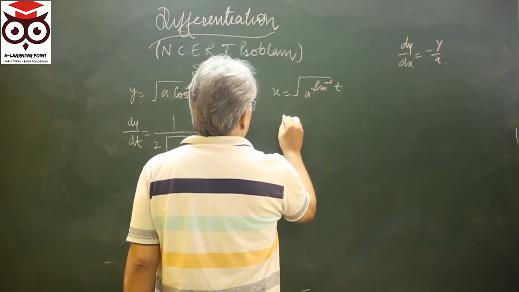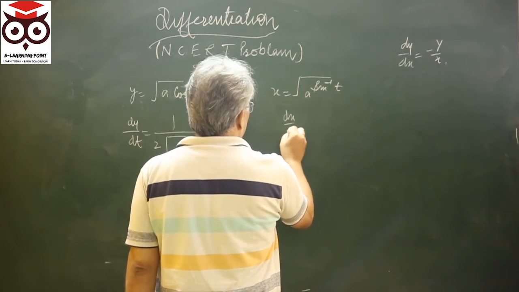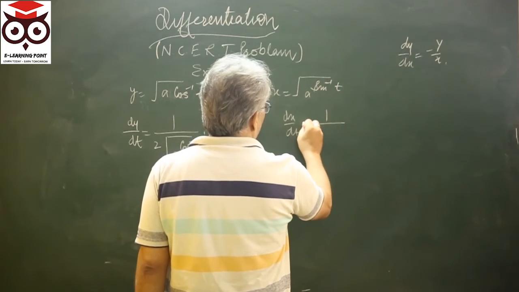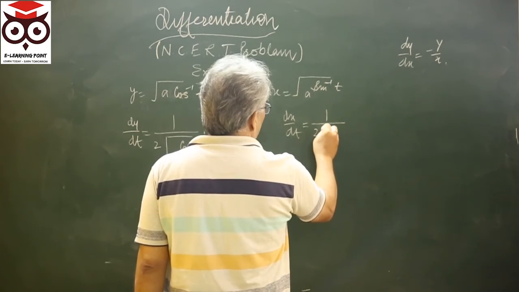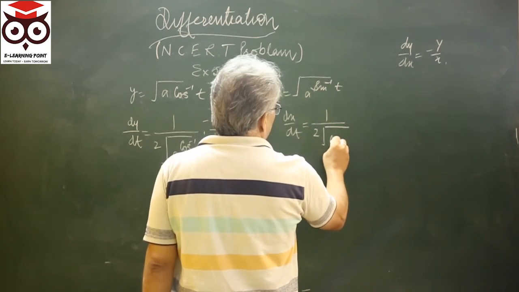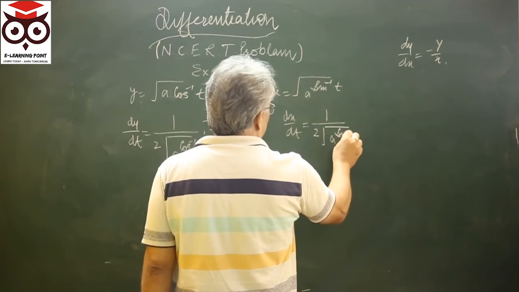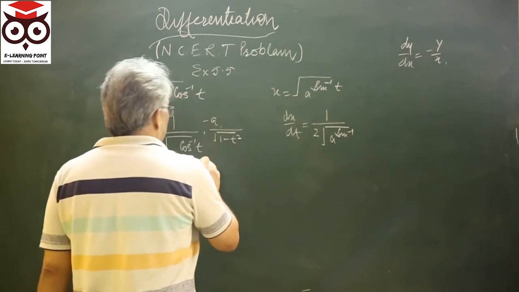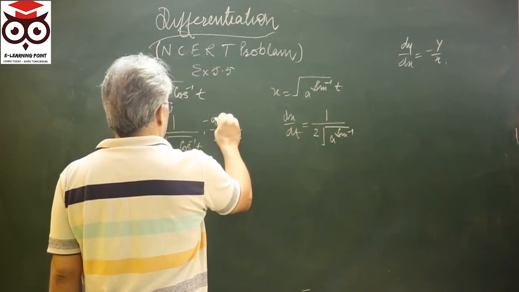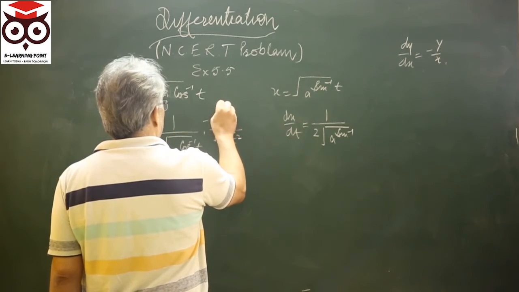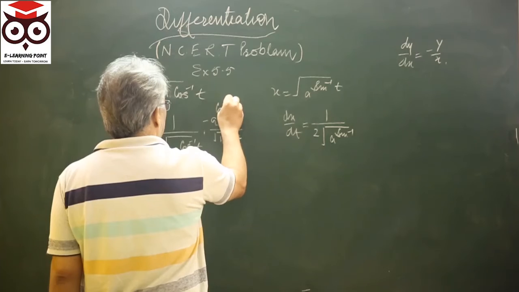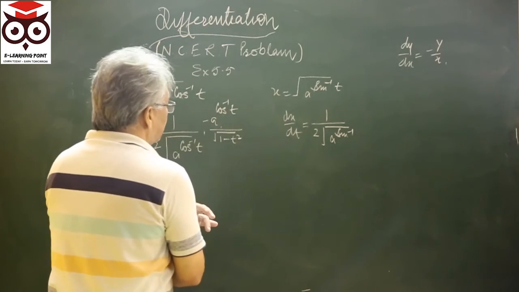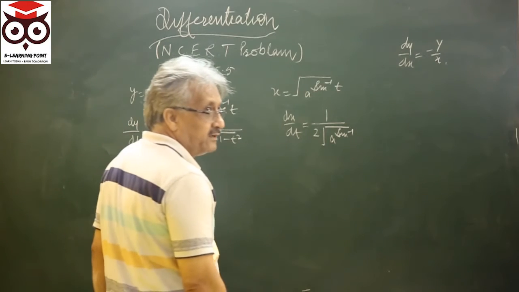Now, what about dx by dt? This is 1 upon 2 root a to the power sine inverse t. So this I will write down, this is the power, so this will remain as it is like this, right?